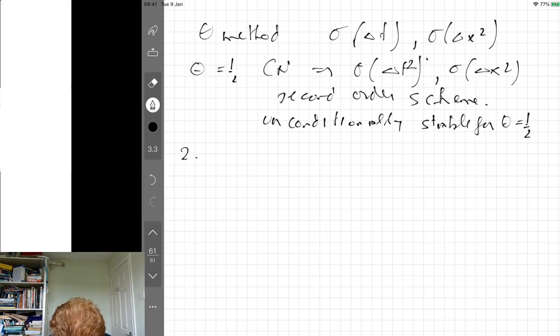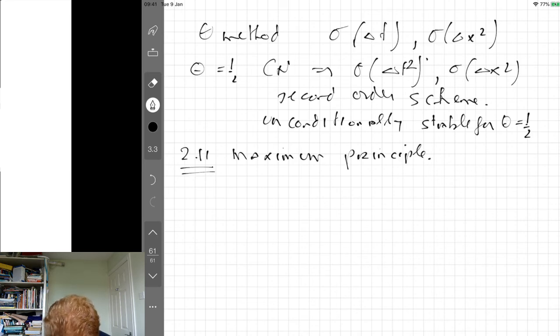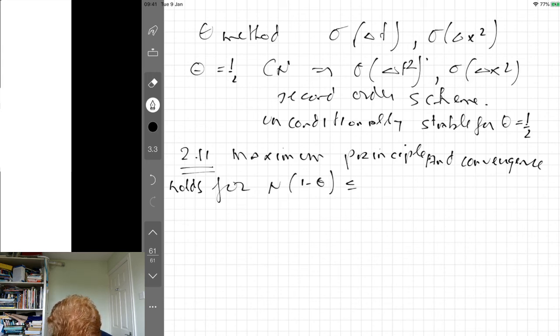So now let's finish off with the maximum principle. Read that section, maximum principle and convergence. It holds for mu times 1 minus theta less or equal than half.